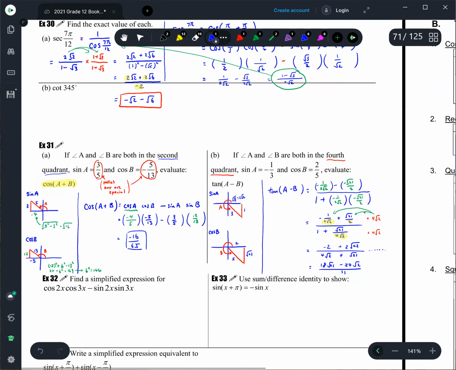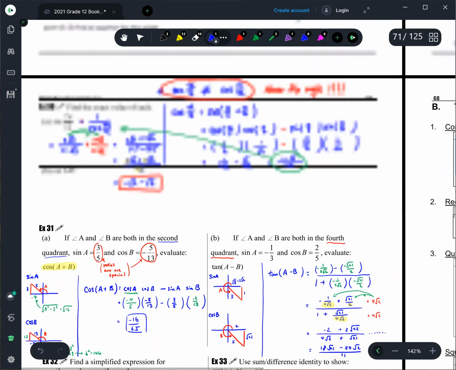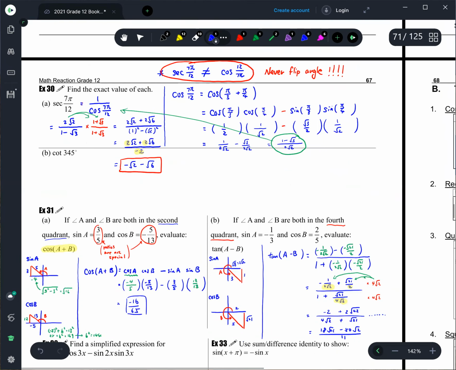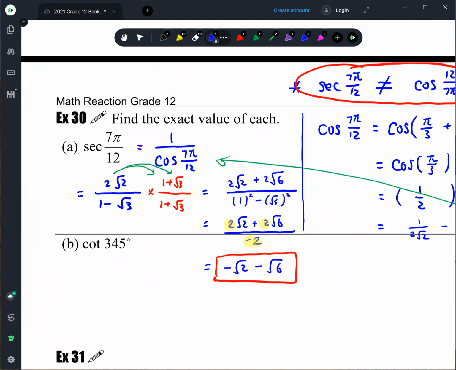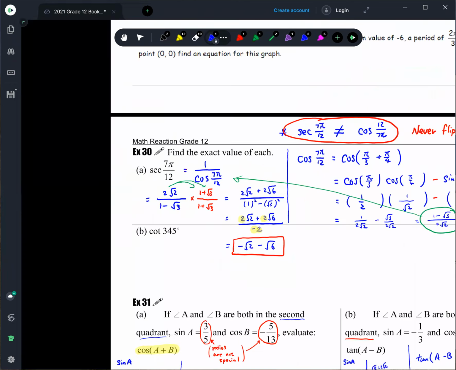Like what we did before, where did we do that? Like over here, the red one, 1 minus root 3 times 1 plus root 3, multiply by the conjugate. Then you will be able to simplify the square root at the bottom.